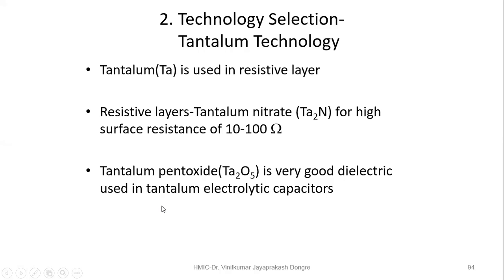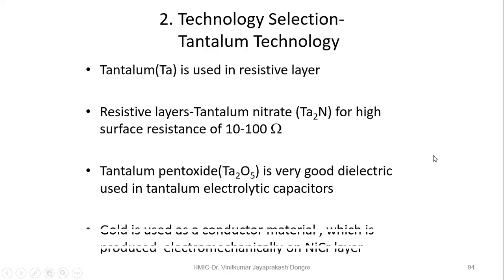Titanium peroxide is a very good dielectric, used in the titanium electrolytic capacitor. So titanium is used for the resistance, and titanium peroxide for the dielectric. The material we use decides the technology.